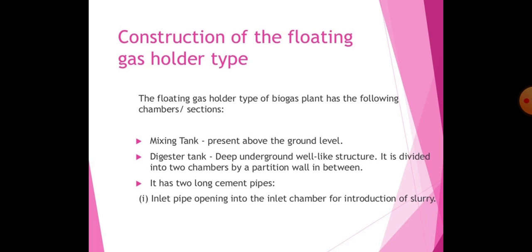Similarly, the floating drum type biogas plant has first the mixing tank, which is present above the ground level, then the digester tank, which is constructed below the ground, that is an underground well-like structure. There is a difference in the digester tank from the fixed dome type biogas plant: here in the floating biogas plant, the digester tank is divided into two chambers by a partition wall in between, and there are two long cement pipes.